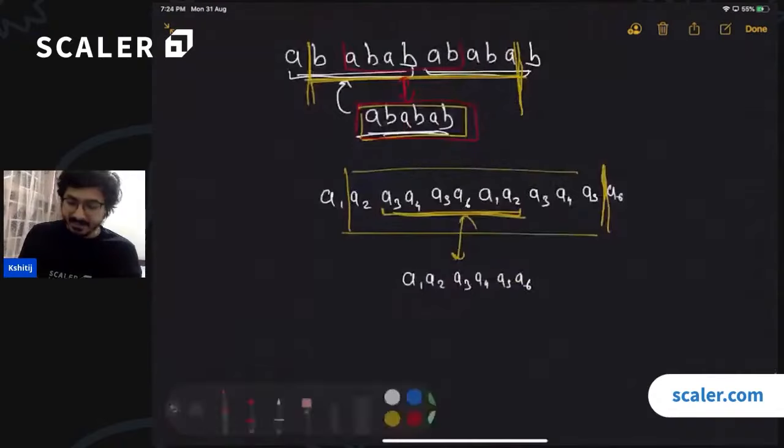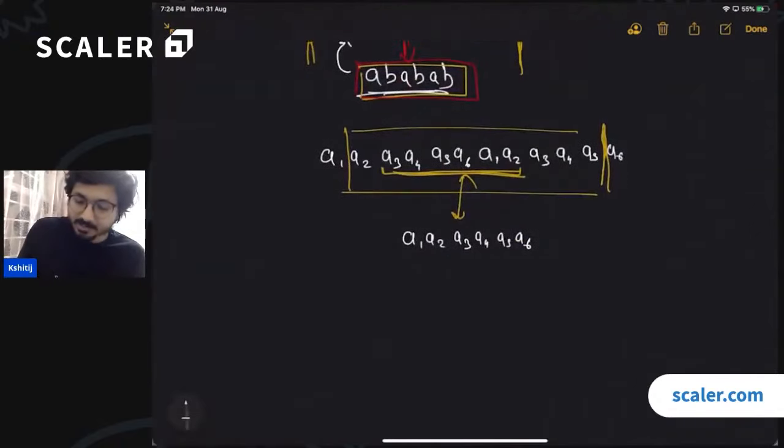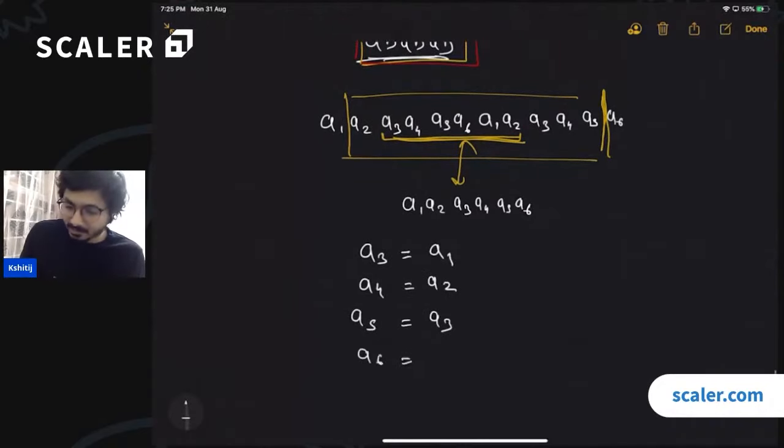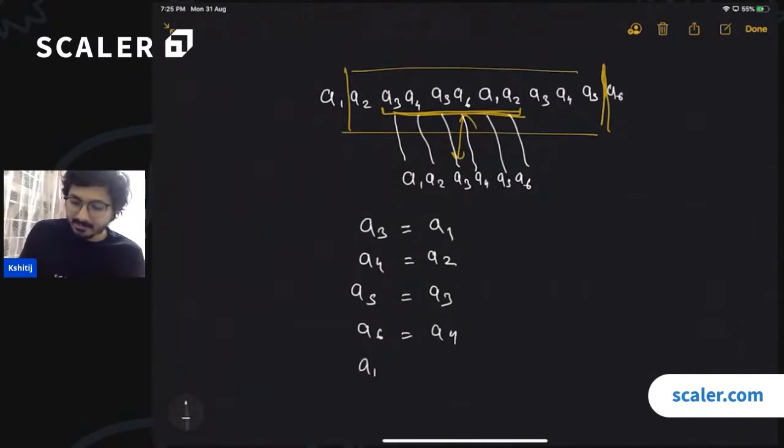This means that A3 is equal to A1, A4 is equal to A2, A5 is equal to A3, and A6 is equal to A4. Because if these two strings are similar, then character by character they are going to be exactly the same. So A1 is going to be equal to A5 and A2 is equal to A6.